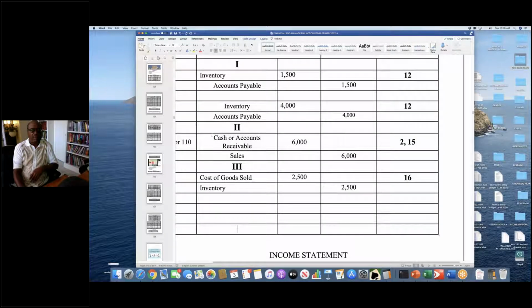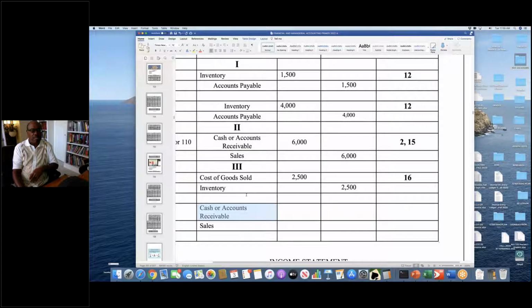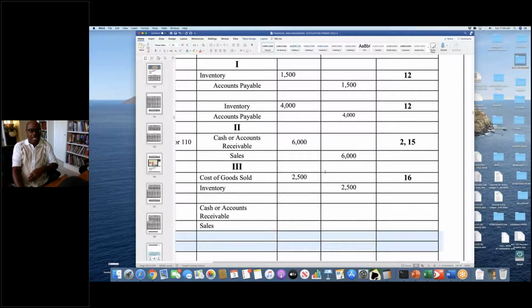Okay, for the cash, can you go up? Wait, did you give us control of the mouse? All right, let's go back up.